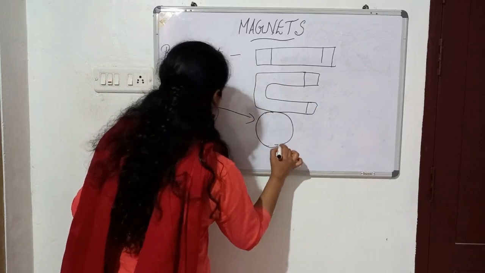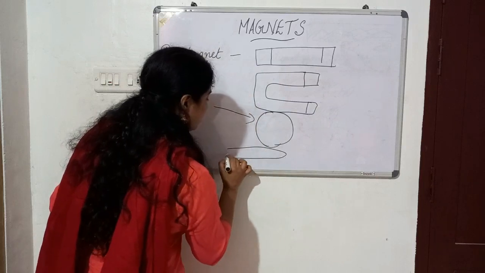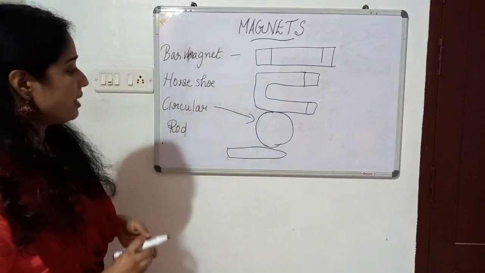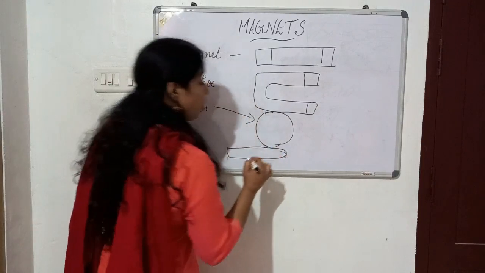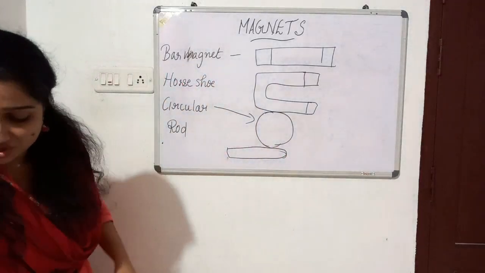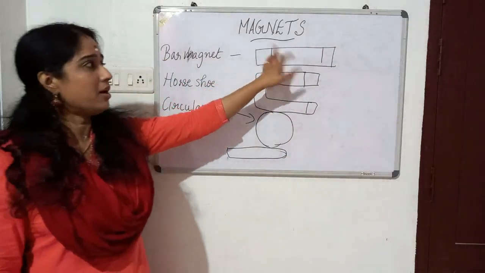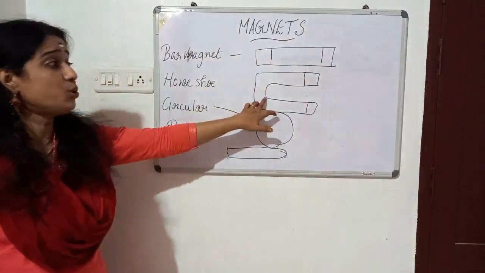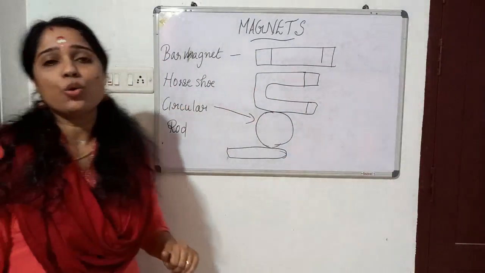Circular magnet. And rod magnet, you could see like this one. This is the rod magnet. So these are different types of magnets and they are available in different sizes and shapes. Bar magnet shape is like the bar and this is the horseshoe magnet. This is the circular magnet and this is the rod magnet.